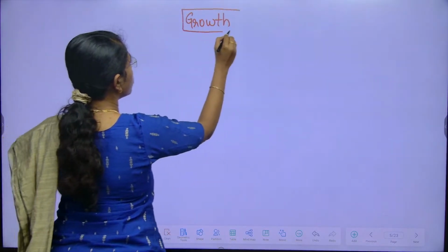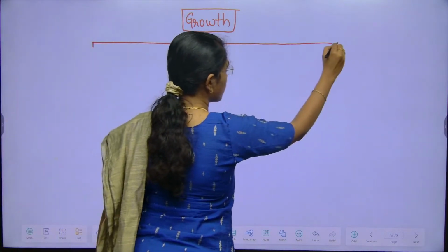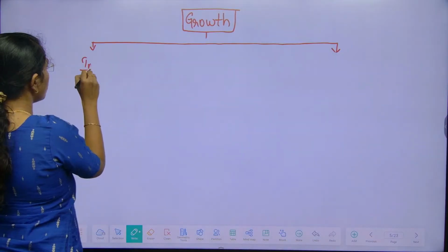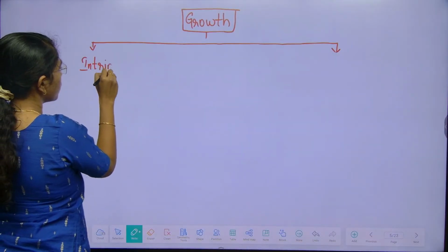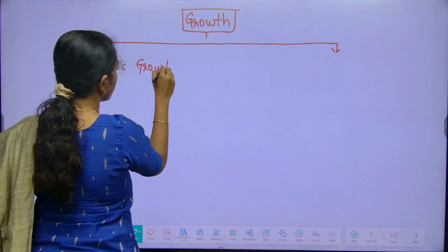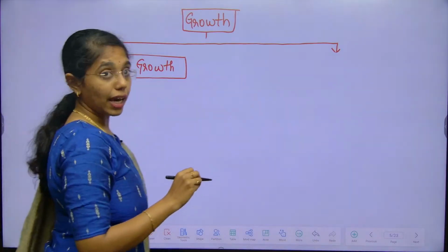Growth is of 2 types: intrinsic growth and extrinsic growth.